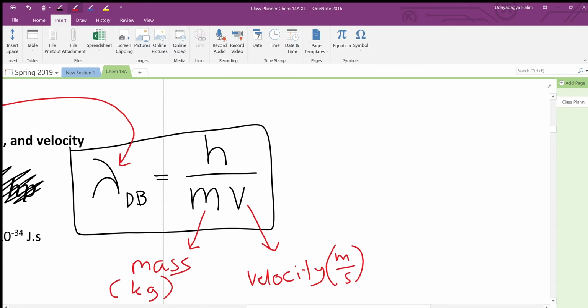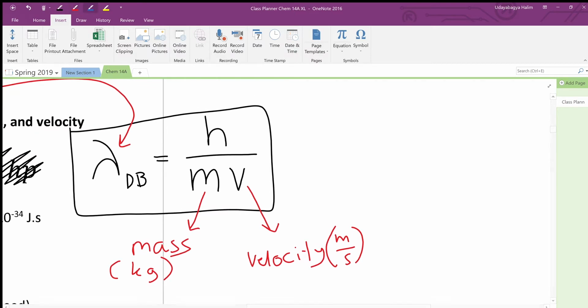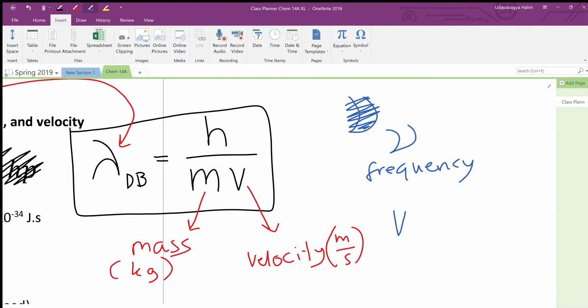Now, the conventional symbol is annoyingly very similar. What I want you to notice is that this squiggly thing here is a symbol for frequency. So let me scratch it out. That's a symbol for frequency. And if you look at it, the V that looks like a straight V is for velocity.